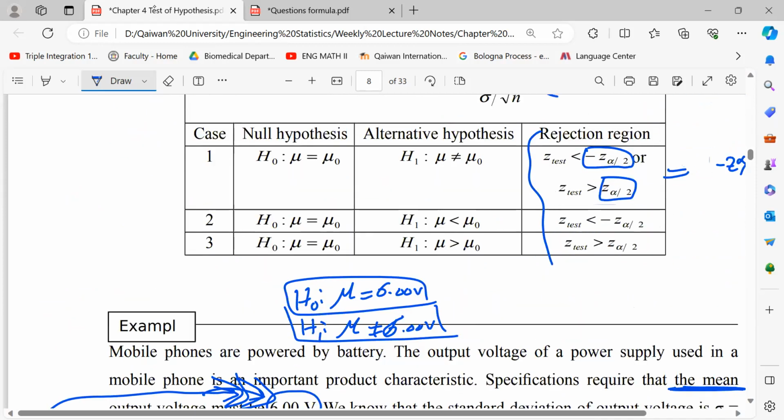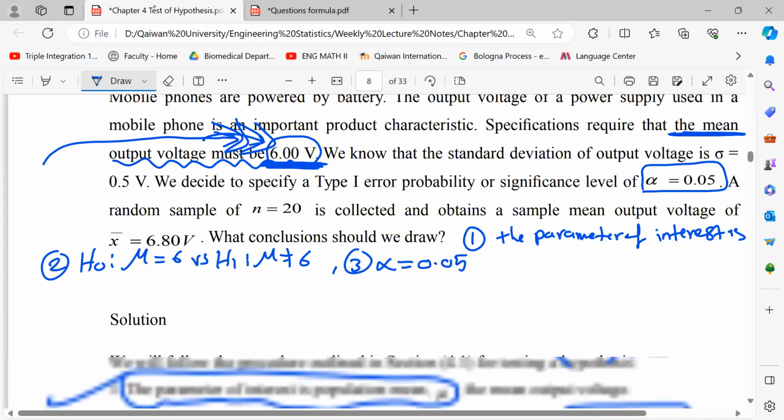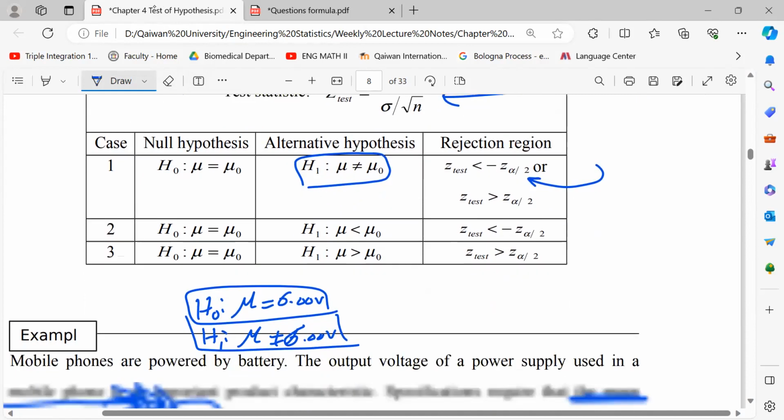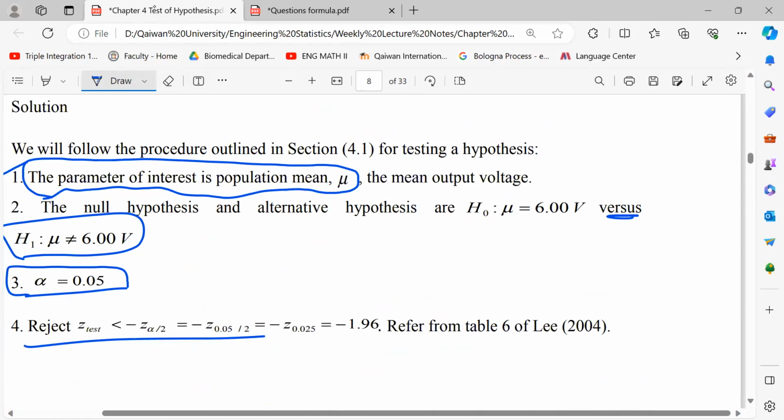Then in step 4, we return to the table. What should you find here? We look at the last column in the table. Here we have z of alpha over 2. In this case, we have z of alpha over 2 and minus z of alpha over 2, and we need to find that interval.